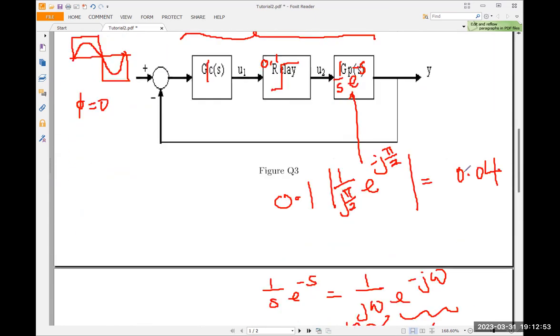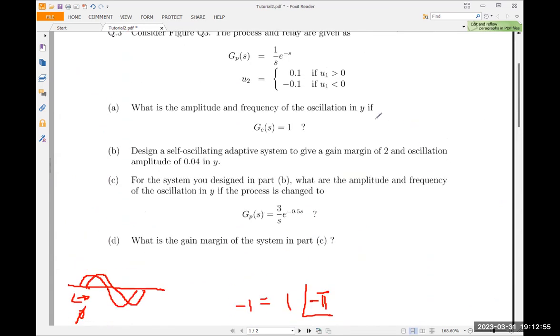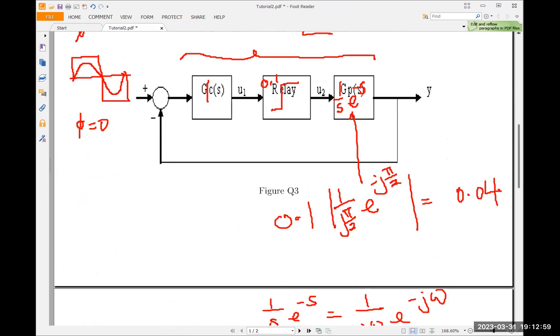No, I'm solving the wrong question. Okay, what is the amplitude? I'm solving the wrong question. So this, with this, it must be equal to what?